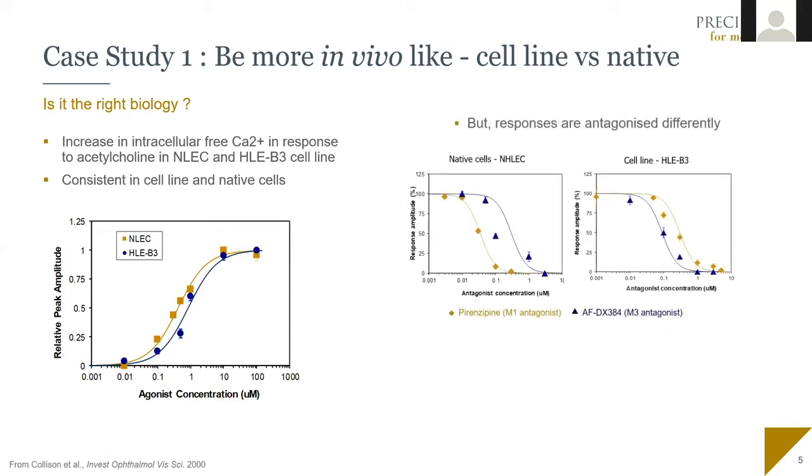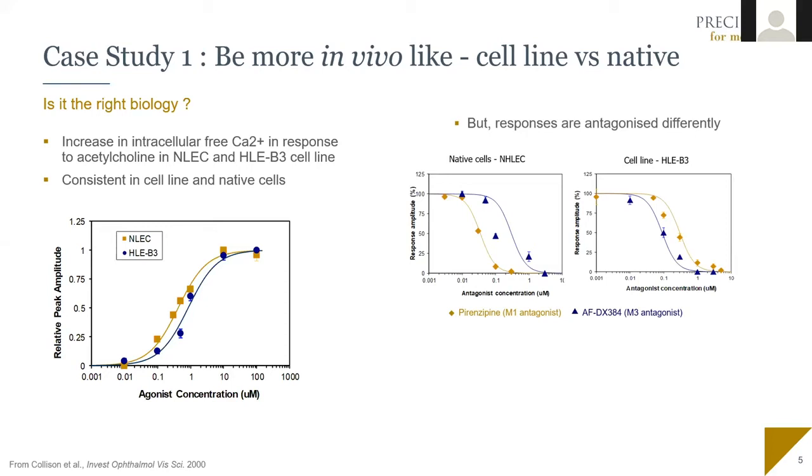However, when you then start to antagonize the responses that you see in either the native cells or the cell line, using different antagonists, and in this case we were trying to interrogate the muscarinic receptors within these cells, because they've been implicated in some of the issues around use of acetylcholinesterase inhibitors in glaucoma.